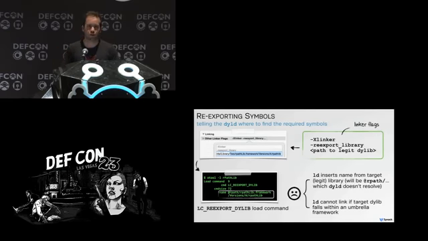It doesn't treat it as special, so it just tries to go to the file system and look for a dylib that starts with @rpath, which obviously is not going to exist. The other problem is that ld, the compile time linker, will not allow you to link against or re-export to another dylib if that dylib is a system dylib under an umbrella framework, which a lot of the dylibs we want to hijack are.